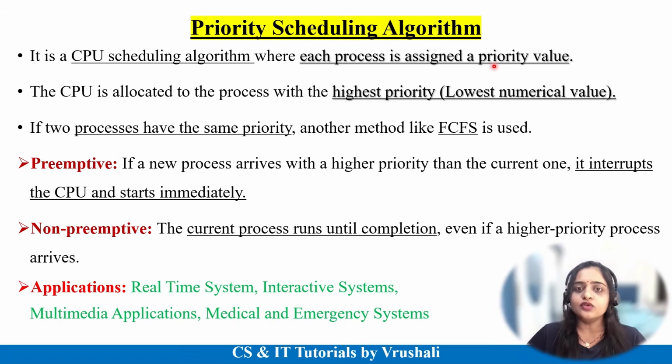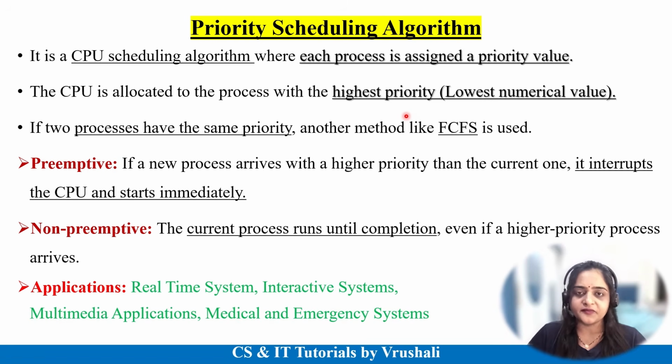This numerical value is considered as the priority. While solving an example, always consider that the lowest numerical value has the highest priority. For example, process 1 has priority 1, so the CPU will execute process 1 first.